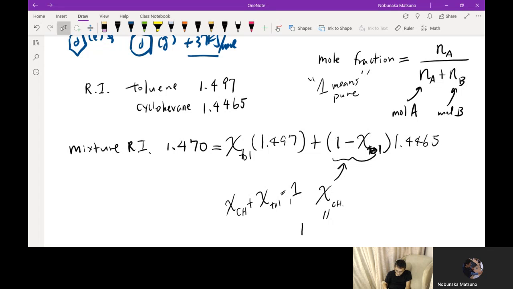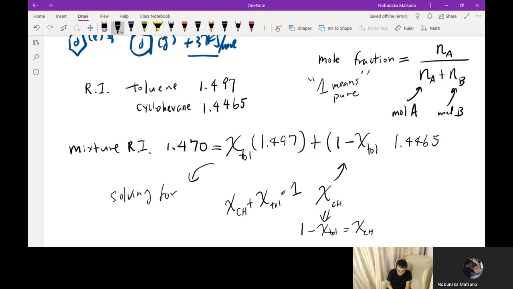So 1 minus the mole fraction of toluene is equal to the mole fraction of cyclohexane. Because you are solving for the mole fraction of toluene, we just use X, and I'll call it the mole fraction of toluene.